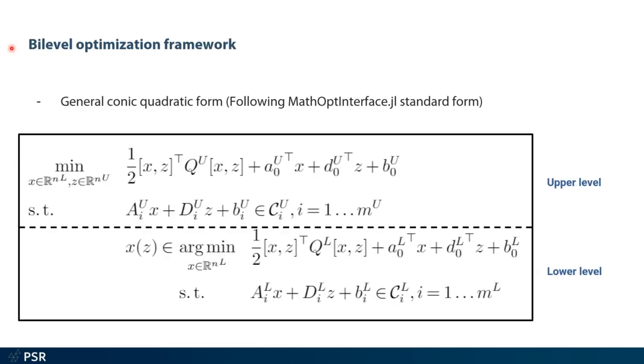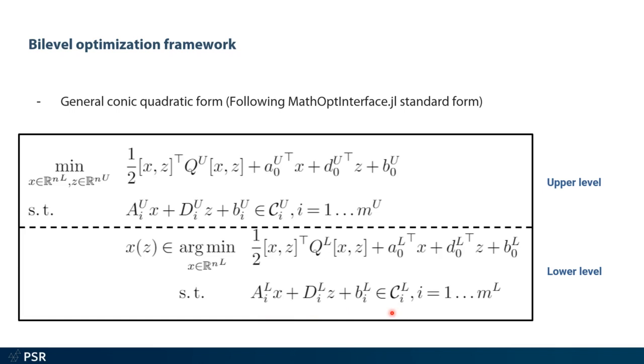Here we show the general form of the bilevel optimization program. We will be following a general conic quadratic form from MathOptInterface, the lower level of JuMP. In this kind of problem, we will have a quadratic objective function and affine functions belonging to conic sets, and this defines the upper level program, which also has a second type of constraint, which will be another optimization problem by itself: the lower level program, or the follower program, which also has a quadratic objective function and again an affine function belonging to a conic set.